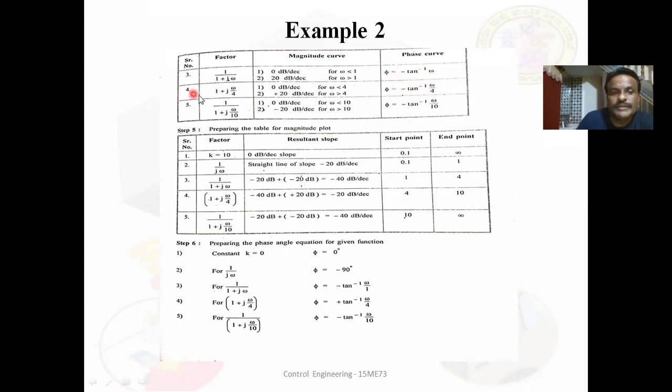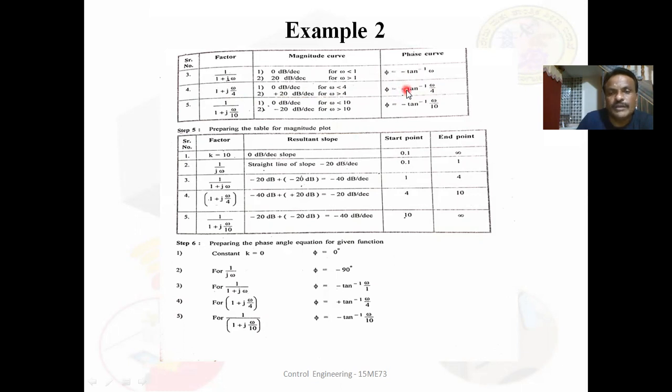Then take another, the first order zero 1 + j omega by 4. The magnitude curve is 0 dB per decade for omega less than 4, and plus 20 dB per decade for omega greater than 4. Then the phase angle is plus tan inverse of omega by 4.